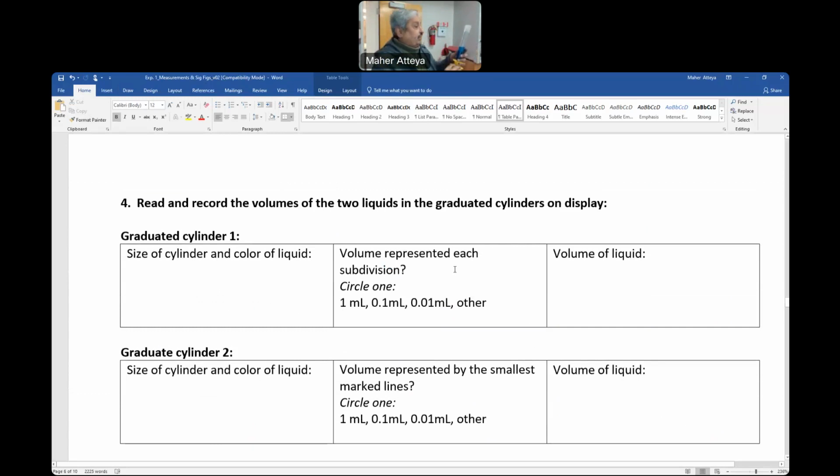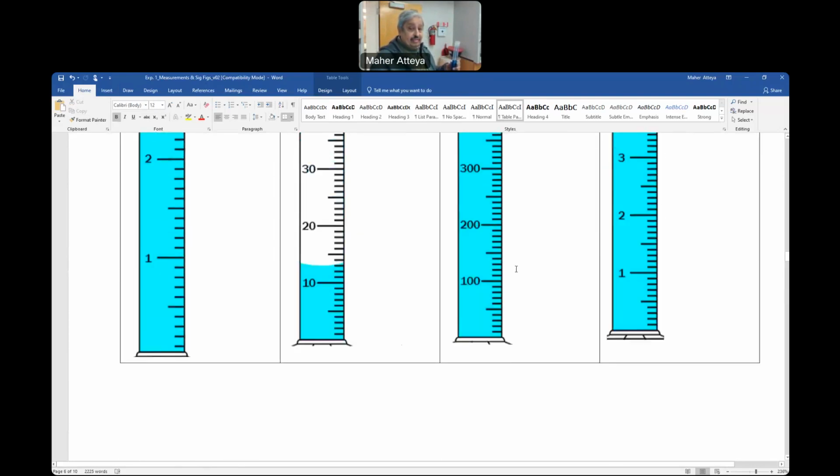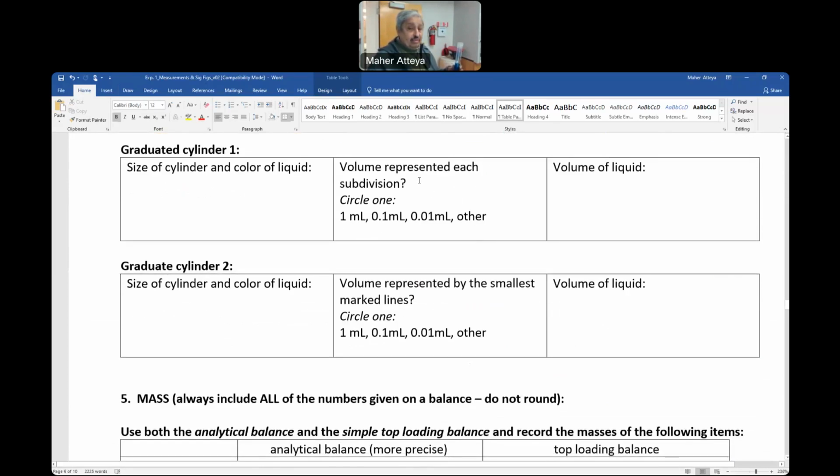So you have a graduated cylinder that is 100 mL, and from the scale this is 90, 100, this is 80. I'm not telling you the answer. Same thing we did in the exercise over there. You have to write what each subdivision is representing.